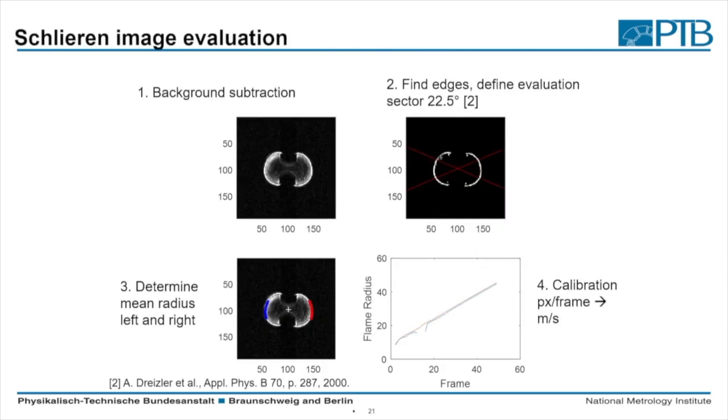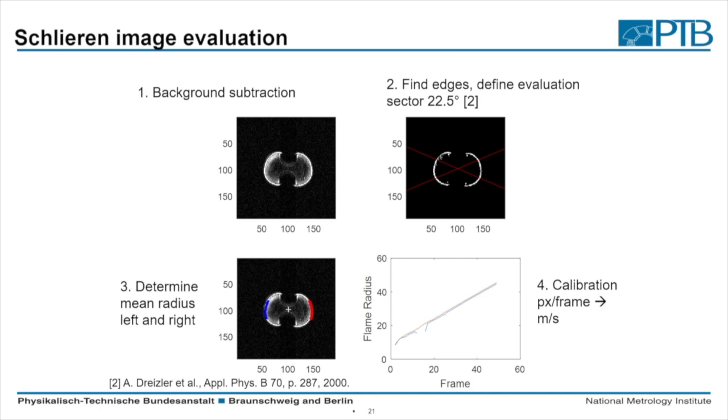For the Schlieren evaluation, first we have a background subtraction, so then we get such a clear image, and then we use a specific function to find the edge of these areas, so we get clear boundaries between burnt and unburnt mixtures.